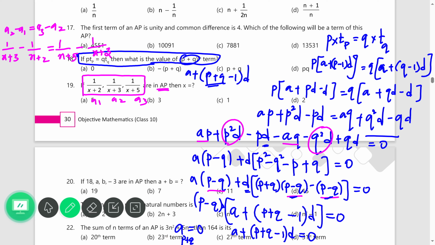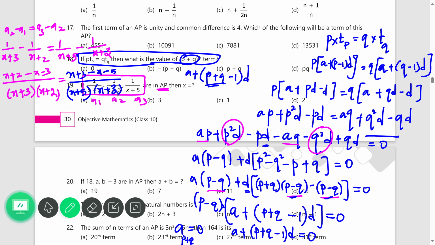Take cross multiply, then X plus 2 minus 1 into X plus 3, minus X minus 3 you will be getting, divided by X plus 3 into X plus 2, which is equal to. Here also you take cross multiply. What am I getting here? X plus 3 minus 1 into X minus X minus 5, divided by X plus 5 into X plus 3.